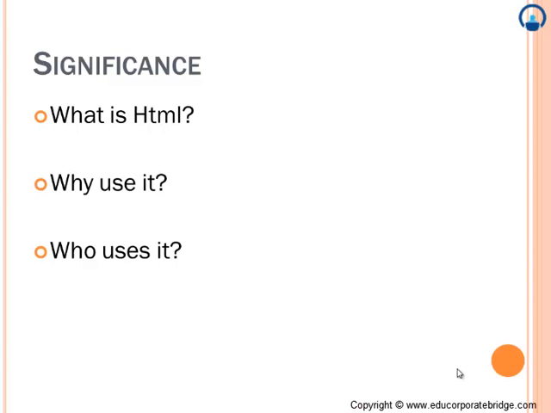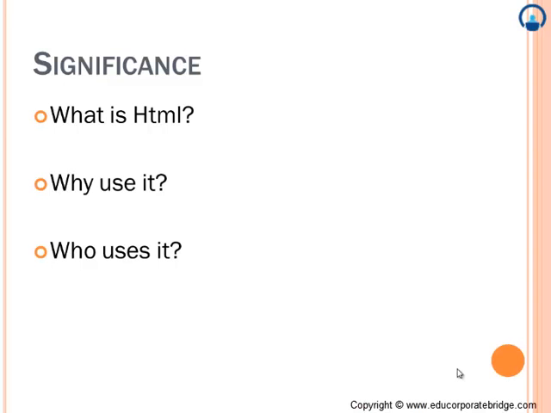HTML is a way to say that this is a document and you have to display it in a specific format. So here is a heading, here is a paragraph, here is a table, here is a list, and so on and so forth. So it describes the document. But why should you use HTML? Again, the reason is the same, because it is universally understood.